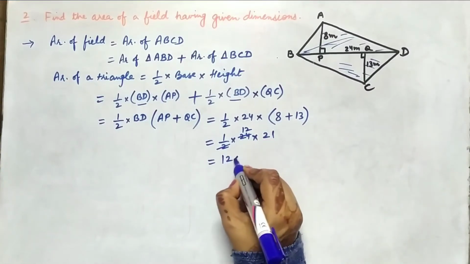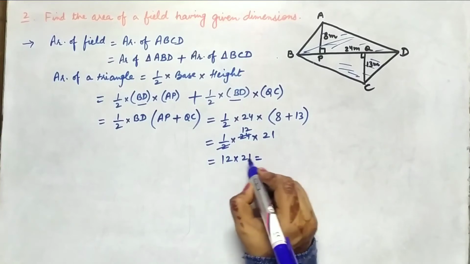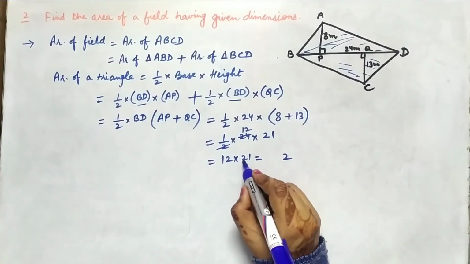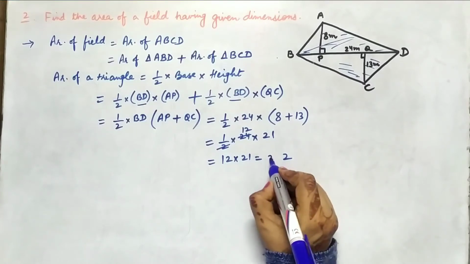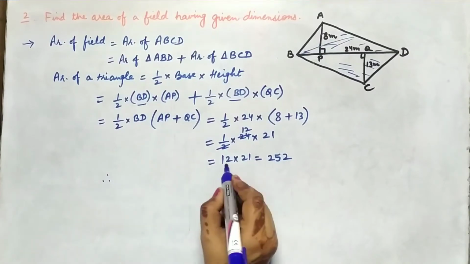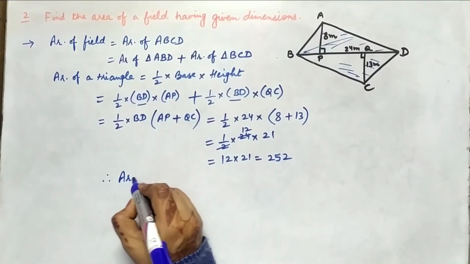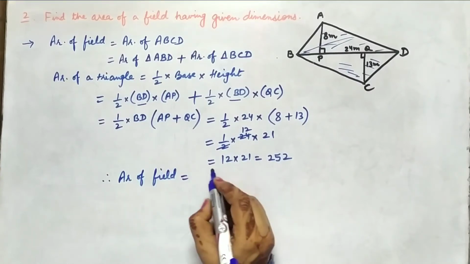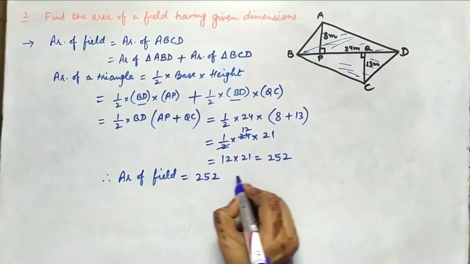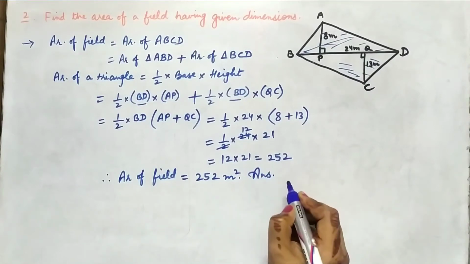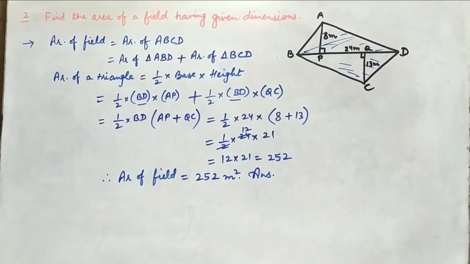We have 12 multiply 21. 12 1s are 12, 1 carried. 12 2s are 24 and 1, 25. Therefore, the area of total field is equal to 252 square meter.